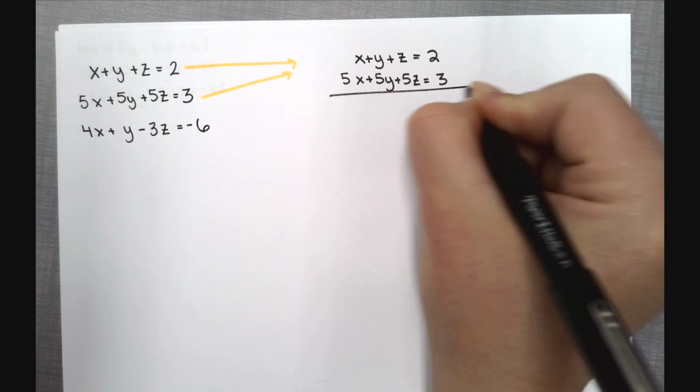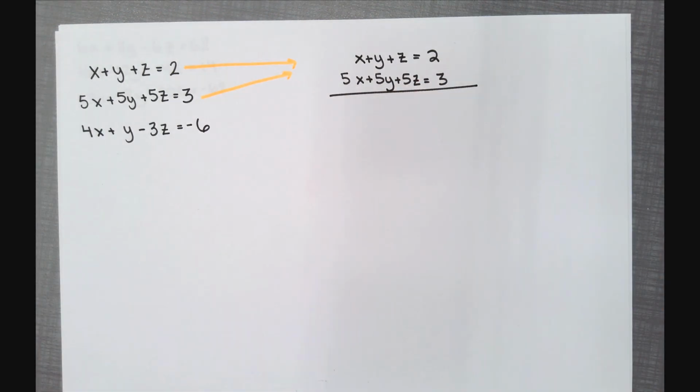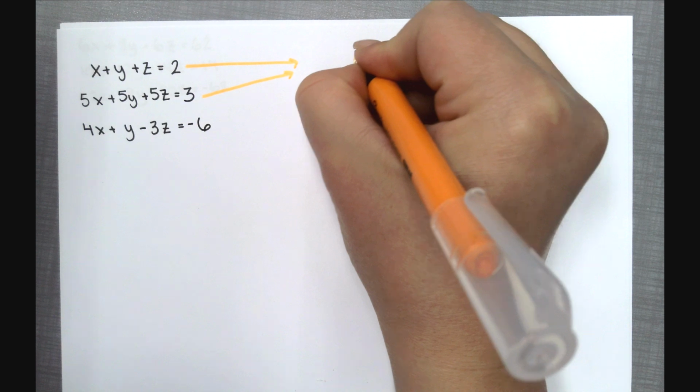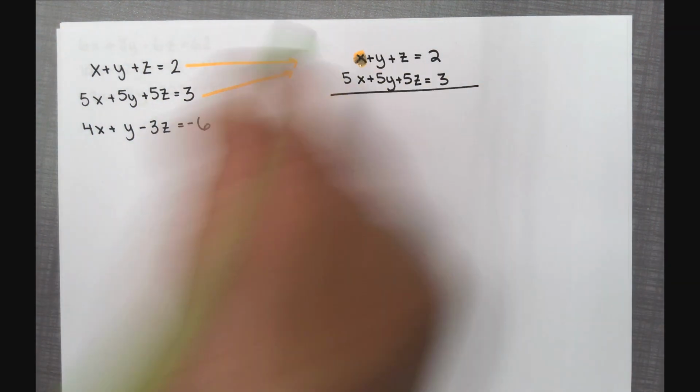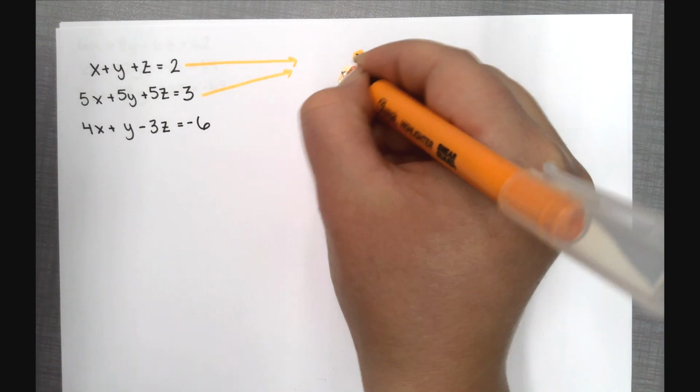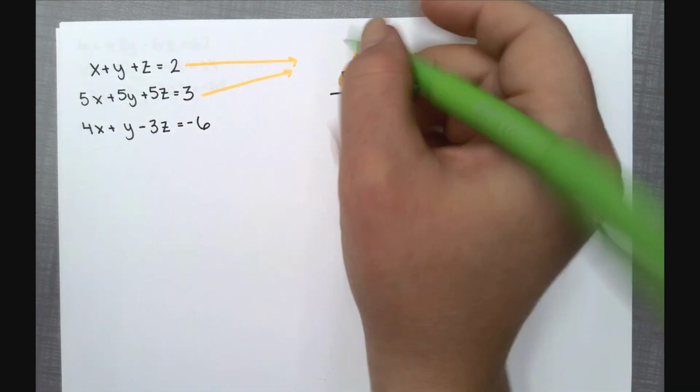Now, in this step, I am going to choose to simplify one of the variables. So the variable I'm going to choose is to eliminate x. When I choose to eliminate x, I notice that my x's do not match, so I'm going to be multiplying by 5.